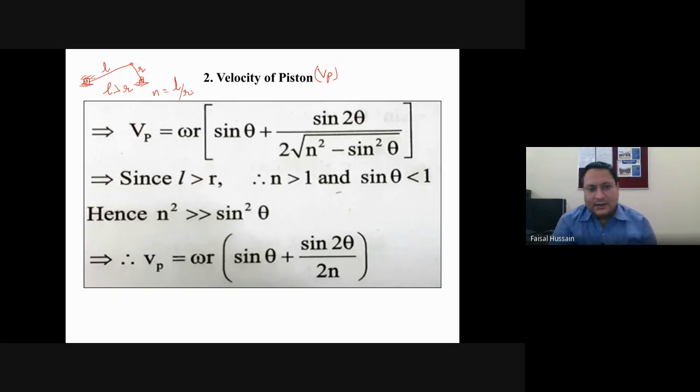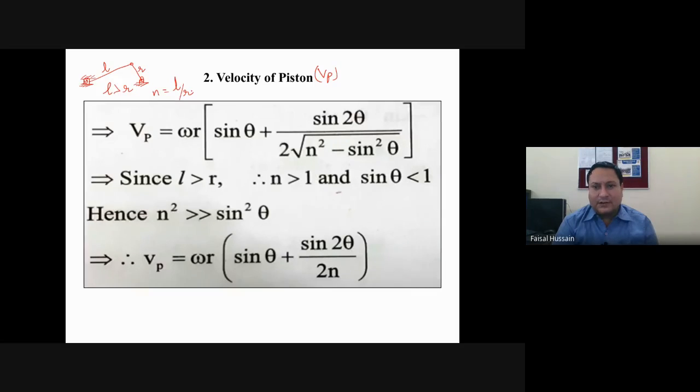Hence it may be concluded that the square of the ratio of the length of the connecting rod to the radius of the crank will be greater than the sine square theta value.